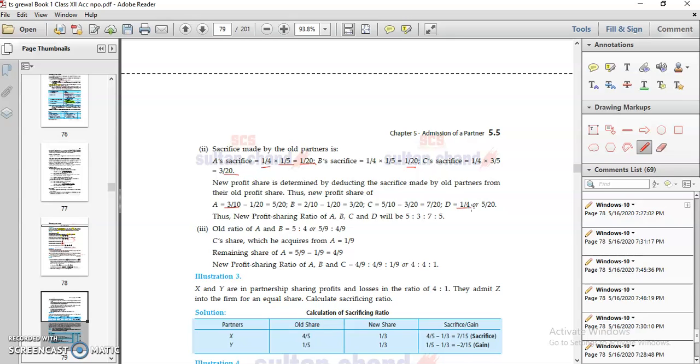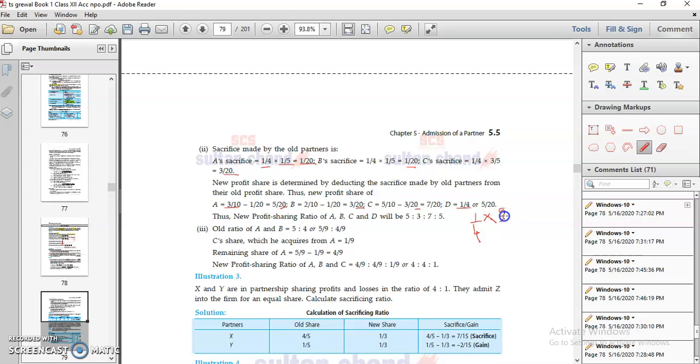And one thing I made you understand in the last video is that you have to check the denominators: 20, 20, 20. So what do you have to do? You make 1/4 equal to something with 20 as the denominator. So you have to multiply the numerator by 5 as well as the denominator by 5.